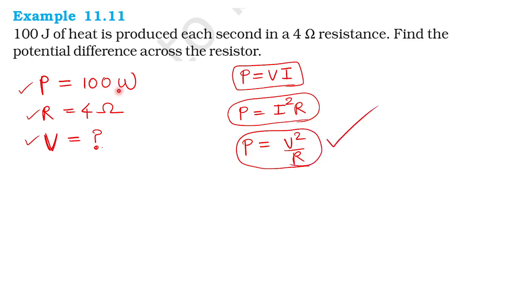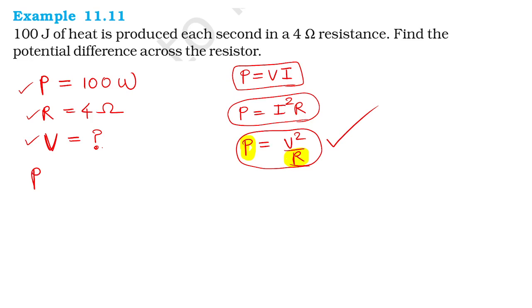P is given in the question, so we have no need to worry about P. R is given, yes, can be used here. P is given, R is given, I can easily find out V square or V. So among these 3 formulas, the third formula is much more convenient. Understood? All of you clear? Is that okay? Let me use the third formula.